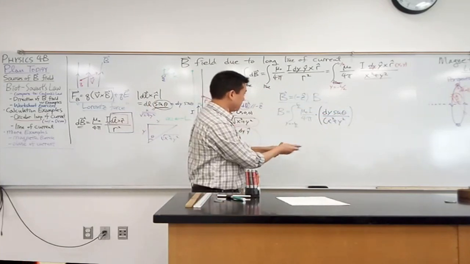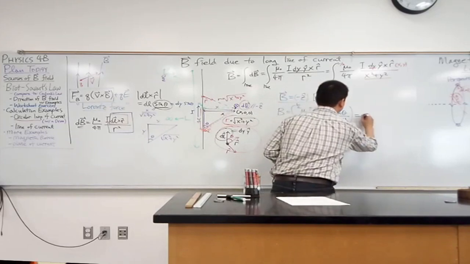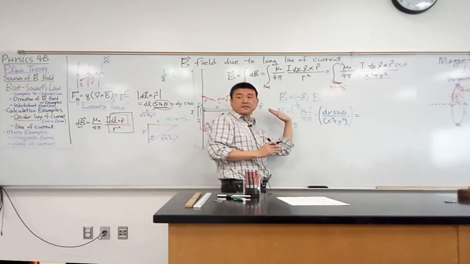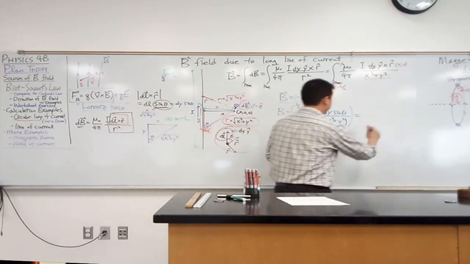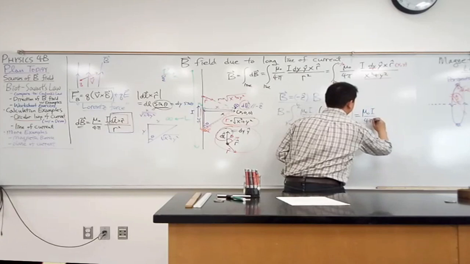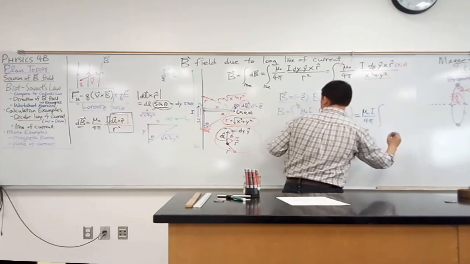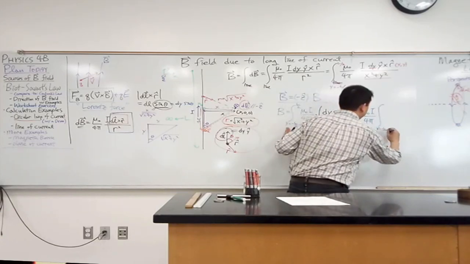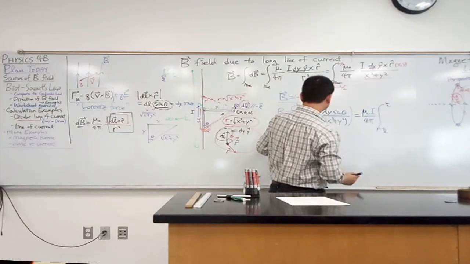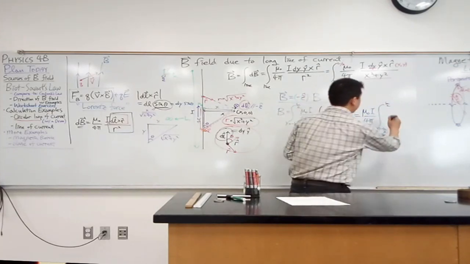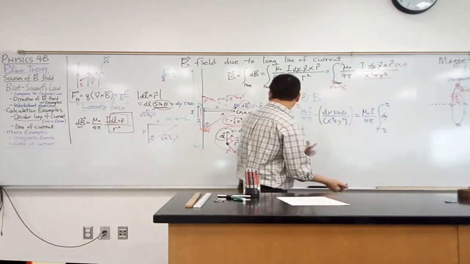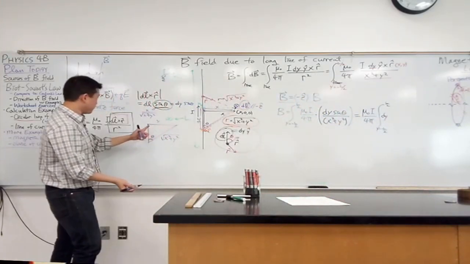So now let me write down one more equal sign. And I'm going to combine two steps and just factor out all the constants out of the integral so that I don't have to do it a second time. Mu naught I over 4 pi integral from y equals minus L over 2 to L over 2. And I have to write down dy, that's my variable of integration. I have to write down sine theta. I figured it out earlier.